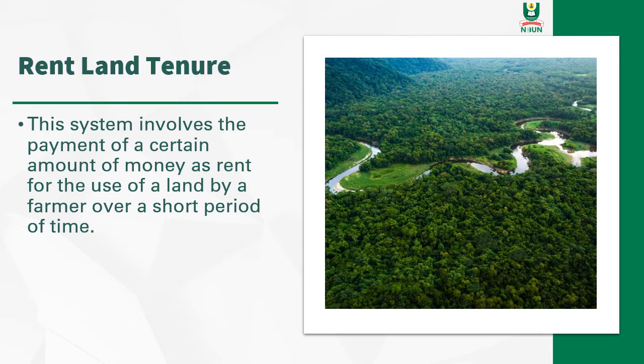Now, the difference between the rent land tenure and the leasehold system is that rent involves the use of the land by a farmer for a short period of time, while the leasehold is using the land for a longer period of time.